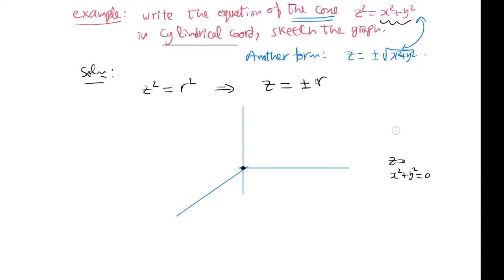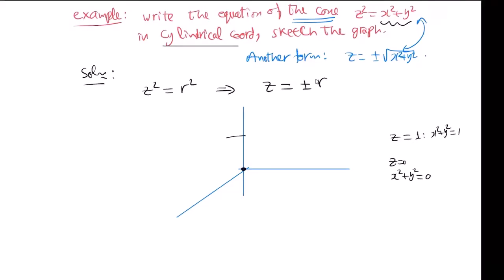When you come above the sea level or above the ground, z equals 1, you get a bigger circle, x squared plus y squared equals 1. And so on.